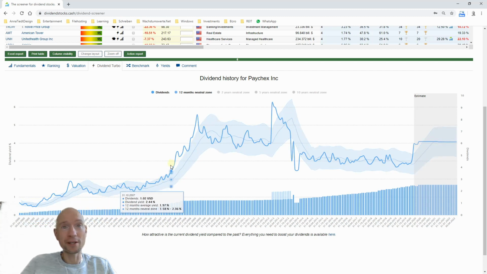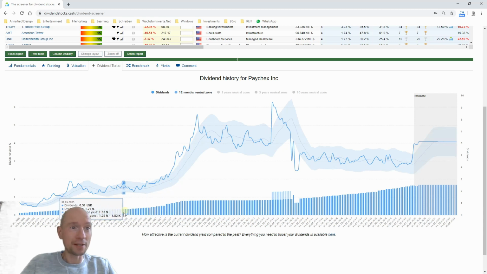Then they increased their dividends or dividend yield aggressively. Dividends were $0.50 in 2005 and $1.20, more than doubled, in 2008.